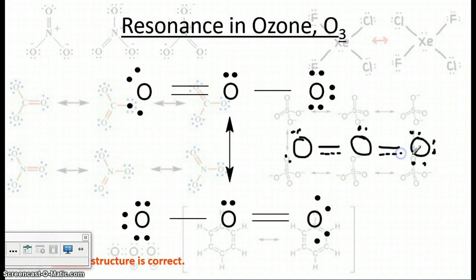They indicate that this is a resonance structure and that it's an average. So these kind of count as half bonds. So instead of this being a single bond, it's like a bond and a half. It's between a double and a single bond. So you'll see that drawn as well. And that's resonance.